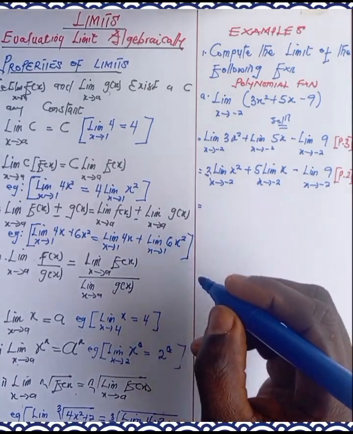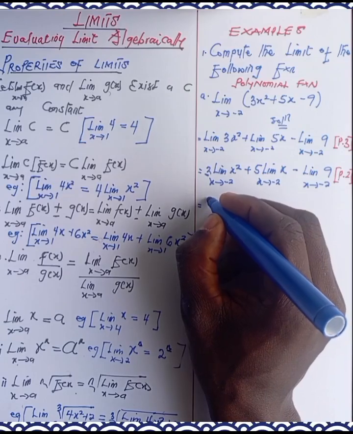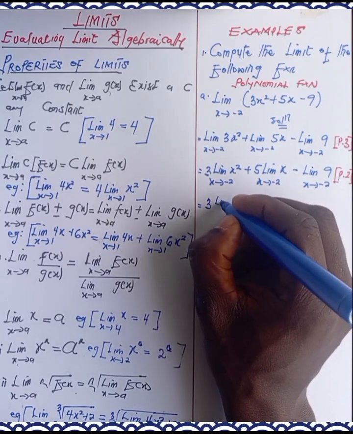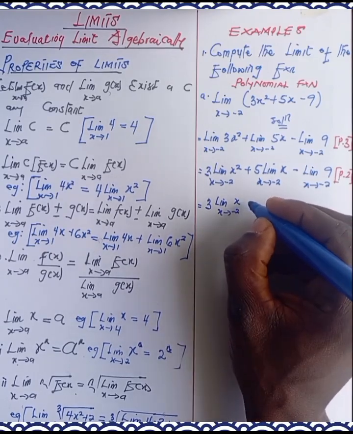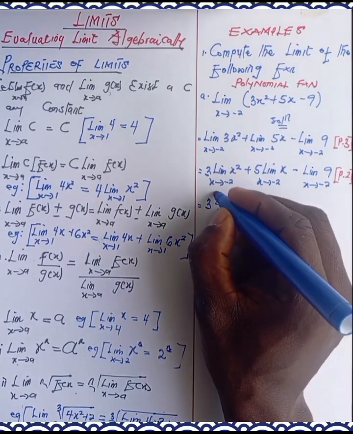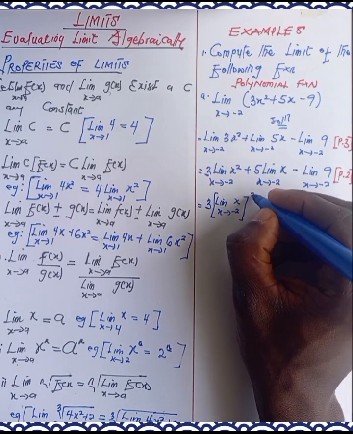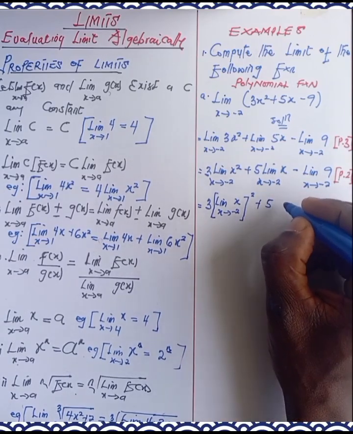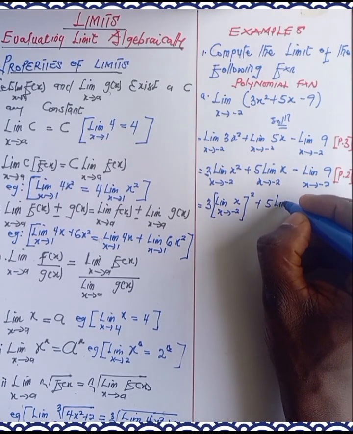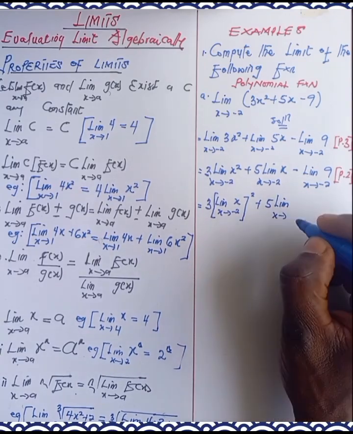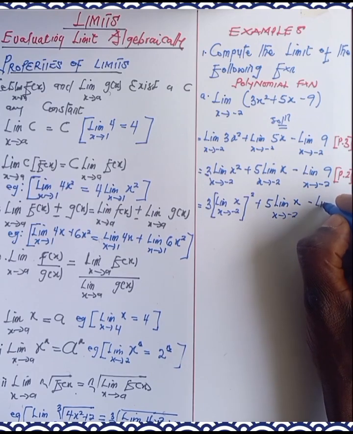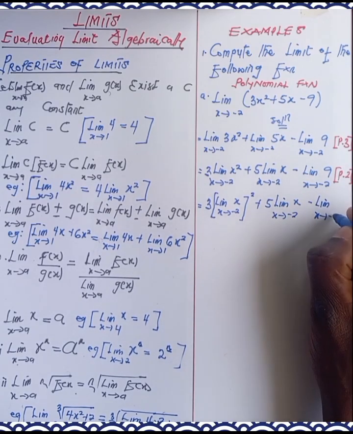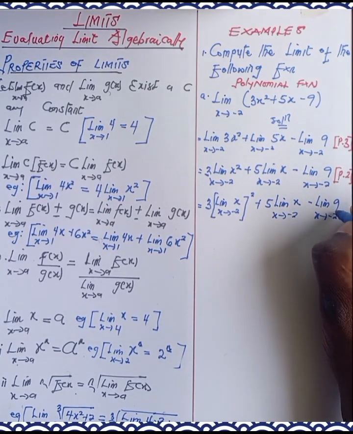From here, we can also apply this property: the limit as x approaches -2 of x squared plus 5 times the limit as x approaches -2 of x minus the limit as x approaches -2 of 9.